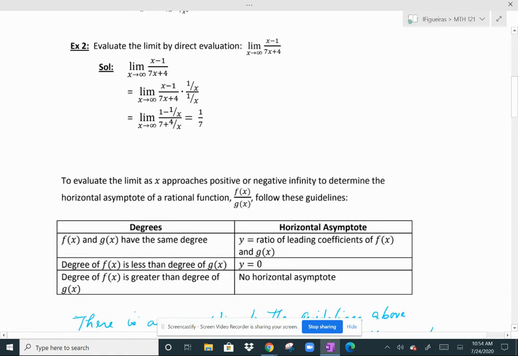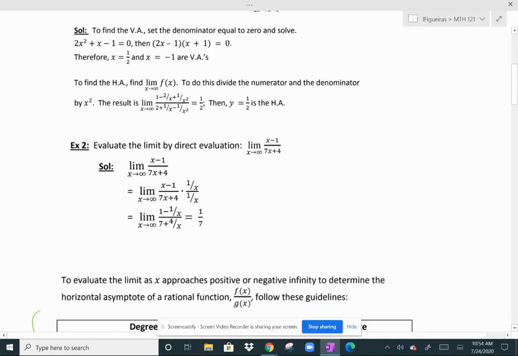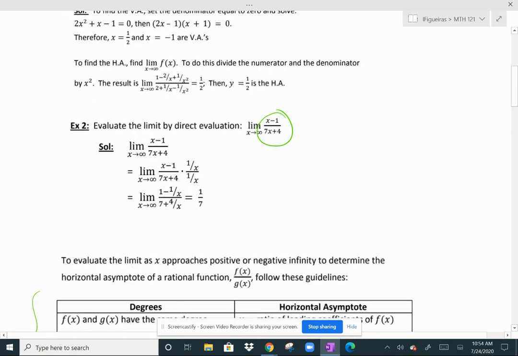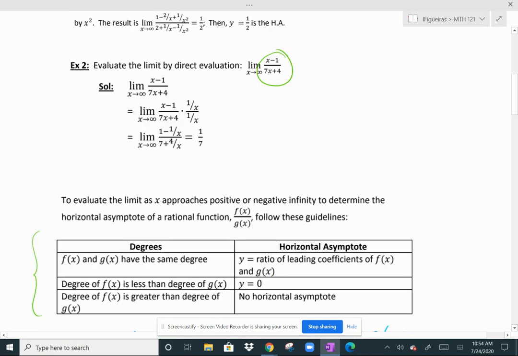Okay. So in general, the rule to find horizontal asymptotes has to do with degrees of the numerator and the denominator, and this is a shortcut to what I just mentioned. To evaluate the limit as x approaches positive or negative infinity of a rational function, you can follow these guidelines. When the degree in the numerator and the denominator are the same, like they were in this example, they were both a degree of 1, and in this example, they were both a degree of 2, then your horizontal asymptote is the ratio of the leading coefficients of f of x and g of x.